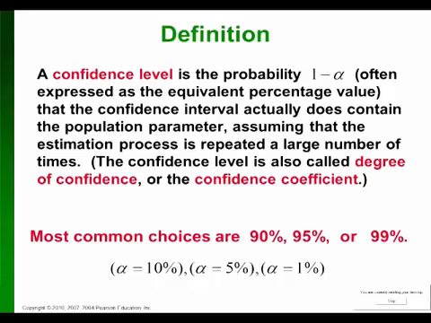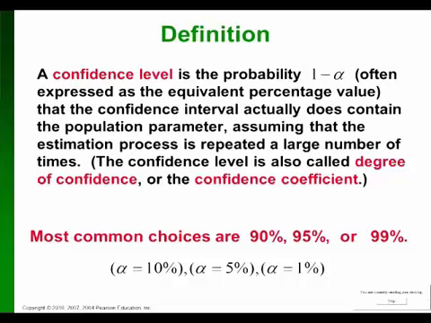If I want to be 90% confident, then alpha is 1 minus 0.9, or 10%. So for an 85% confidence level, alpha would be 0.15.